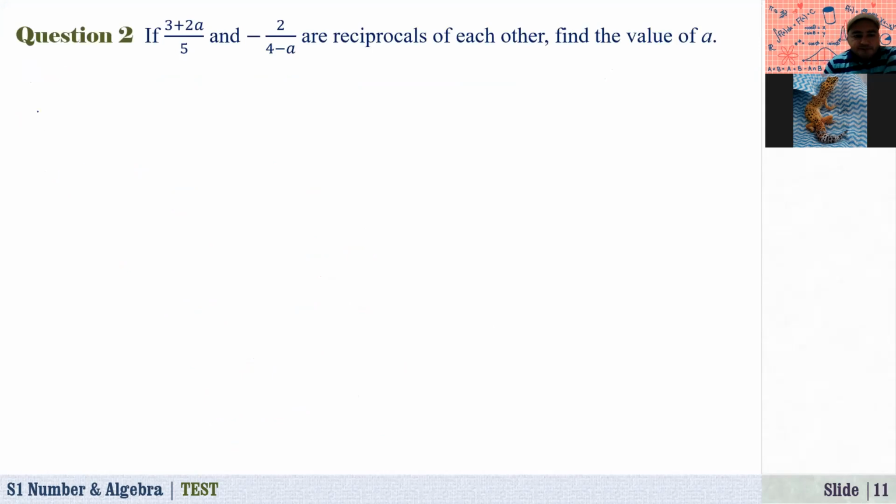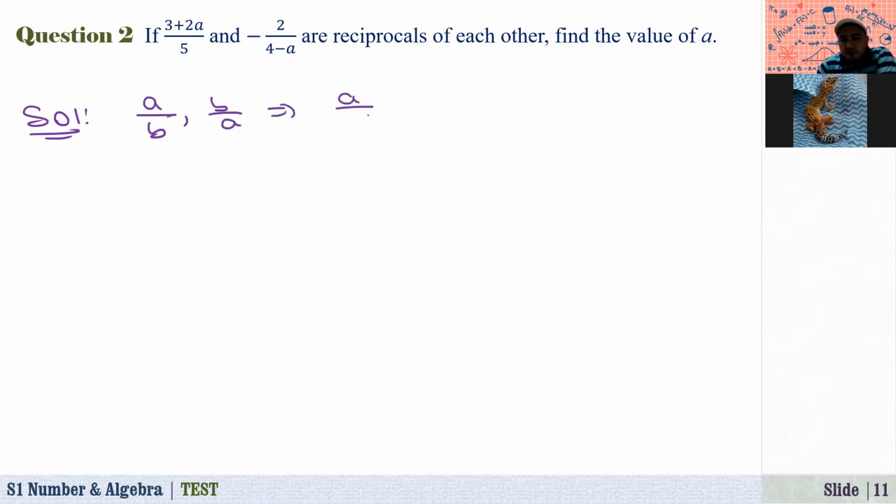Okay, question 2. (3 plus 2a)/5 and -2/(4 minus a) are reciprocals of each other. Find the value of a. Reciprocal means that a/b and b/a are reciprocals of each other.